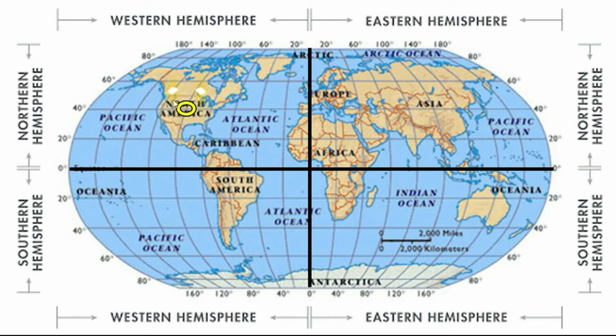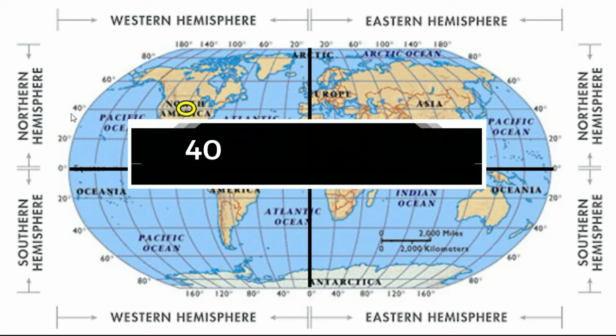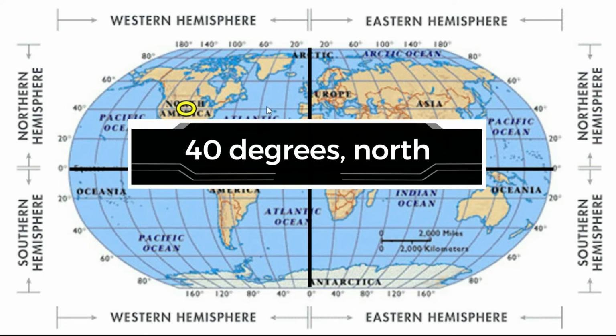First, we're looking to see whether it's in the northern or southern hemisphere. We see it's in the northern hemisphere, and we see it's on this latitude line right here. And if you follow this line across, you will see that says 40 degrees. So we call this line 40 degrees north.